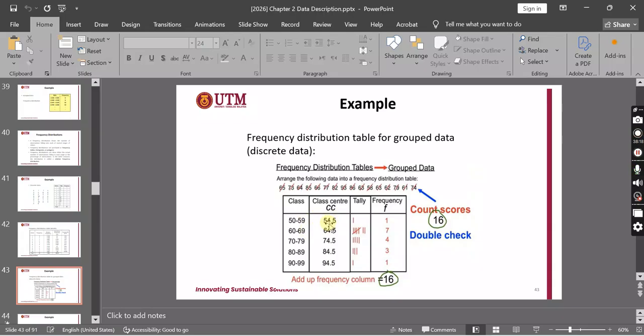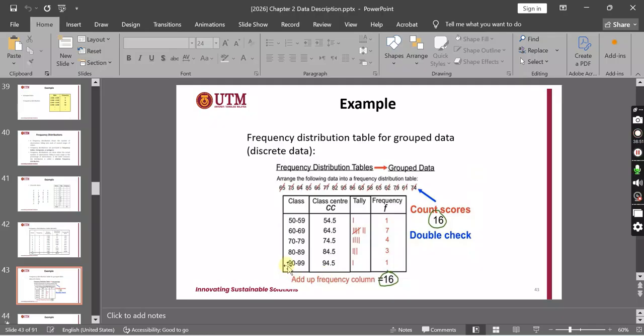So we have the first midpoint, plus 10 equal to 64.5, plus 10, plus 10, plus 10. That means if you have the first value and you know the difference between two classes, you can add the difference to the number that you have, so you can get the midpoint for all the classes that you have.